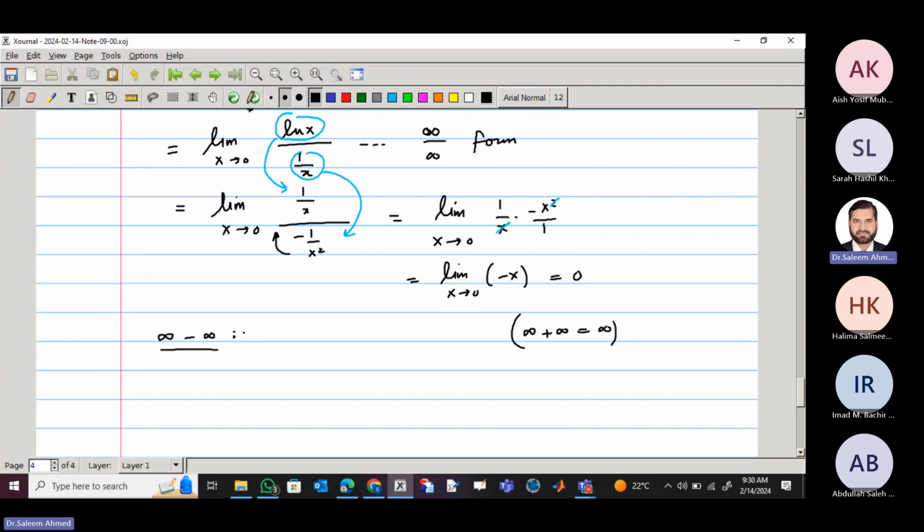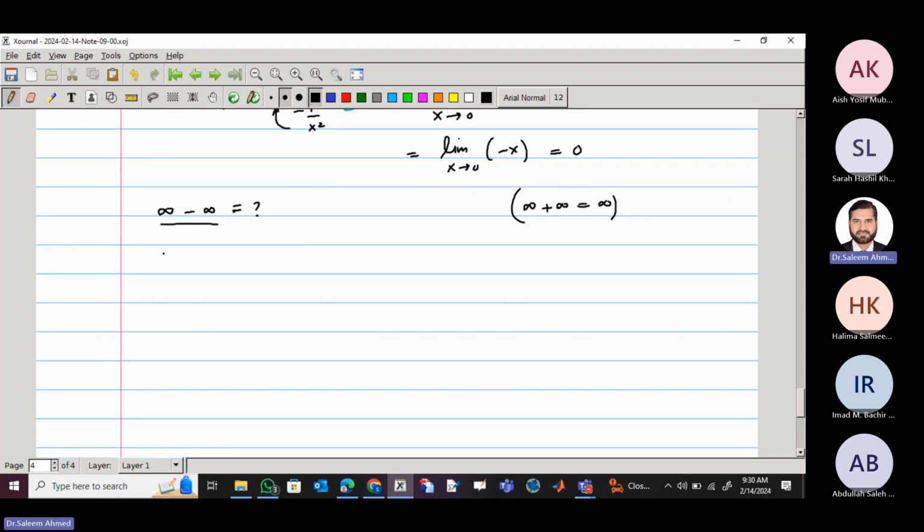If they are same, maybe they give you 0 as an answer. If they are not same, they may give you some number. If one infinity is twice the other infinity, then the answer may remain infinity. So we do not know what the answer should be. So again, we manipulate and convert to 0 by 0 form or infinity by infinity form, and then use the L'Hopital rule.